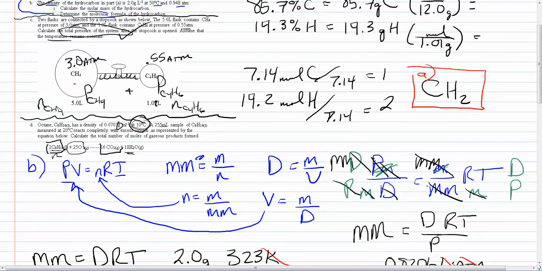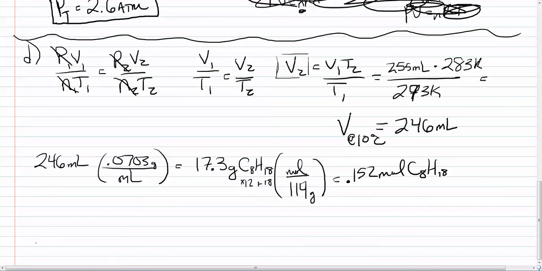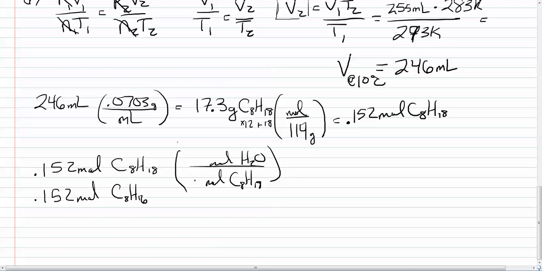Okay, now that's great. That tells us how much of this we have, but we need to know these parts. Remember, moles of gaseous product. So now we're diving into our good friend stoichiometry. We've got two problems to do with 0.152 moles of C8H18, but we're going to end up doing this twice, because one time it's going to be moles of C8H18 over moles of H2O.